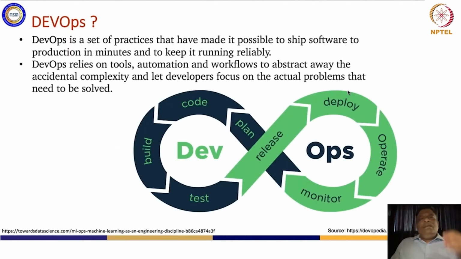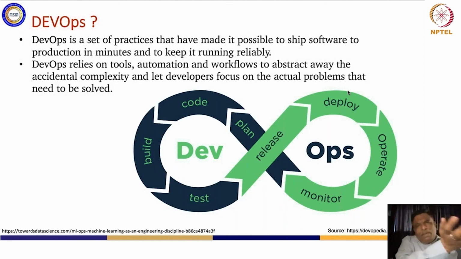Now let us try to understand how this is linked to DevOps. Now what is DevOps, right? DevOps is a set of practices that have made it possible to ship software to production in minutes and to keep it running reliably. That basically means you have two things, right?